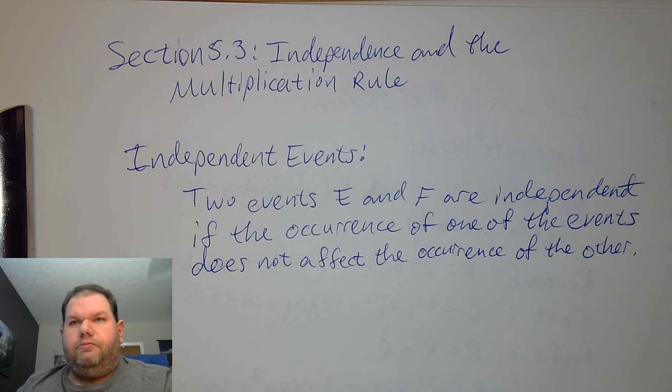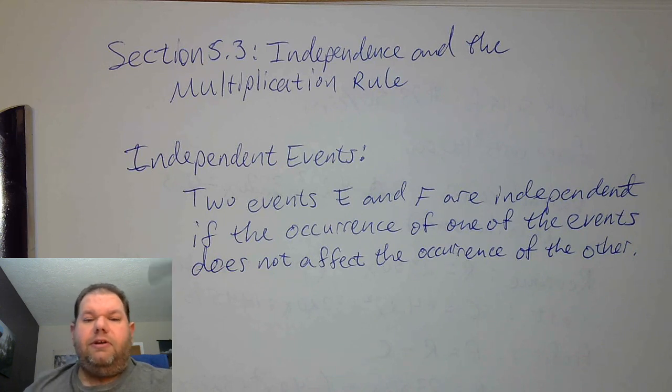So that means that one outcome has no impact on the other outcome. So if we were to flip a coin and roll a six-sided die at the same time, then whether or not the coin landed on heads, it doesn't impact the outcome on the die, whether we roll a 1, 2, 3, 4, 5, or 6. Okay? So there's no connection between the two things. It's basically what we're saying.